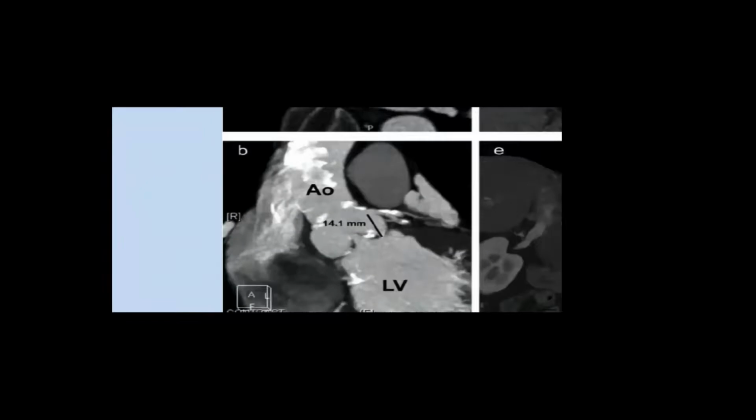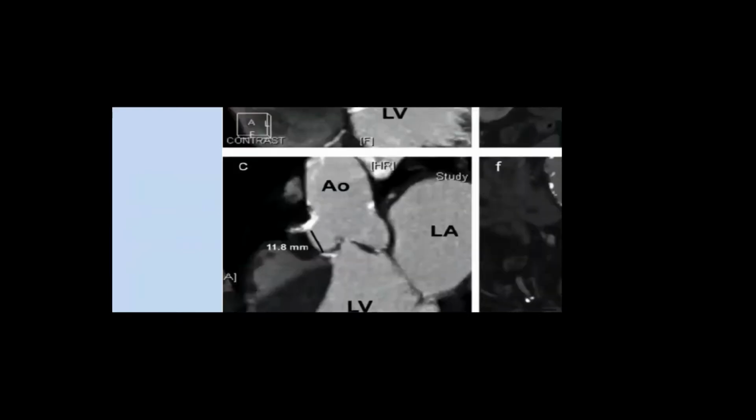Sizing, you have to give perimeter sizing, amount of calcium, and an important feature is this one, the height of the takeoff. The valve will enter here, in this place. I need to know when I put that valve, how is the height to the left main and how is the height from the RCA.